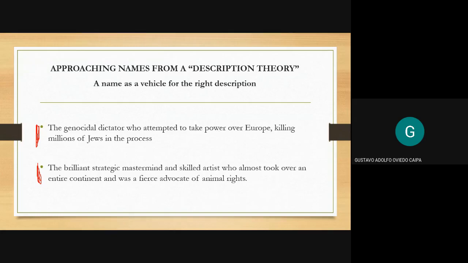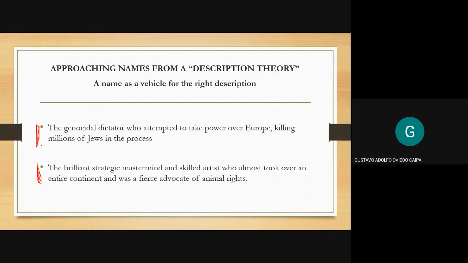So moving on. Your first guess was correct. Yes, I'm trying to talk about Hitler. But in the second one, I am also talking about Hitler. You see? So in this case, a name acts as a vehicle for the right description.